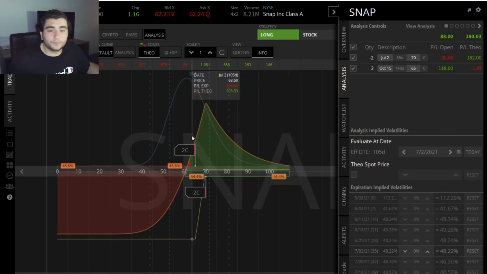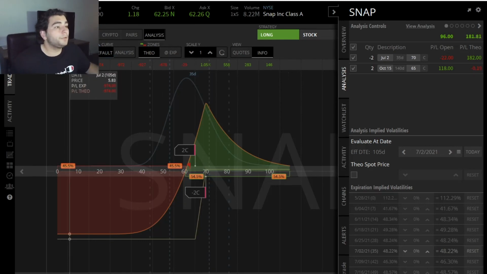At expiration, the risk profile looks like this, making profits if Snapchat is above approximately $60 per share, which is about a 54.4% probability. Obviously, we know it's a lot higher than that because we sell the option in the front month with a higher implied volatility than the back month, giving us more value in that option and putting ourselves in a great probability of profit.